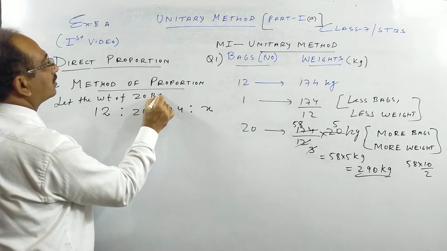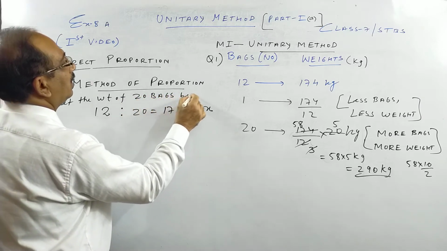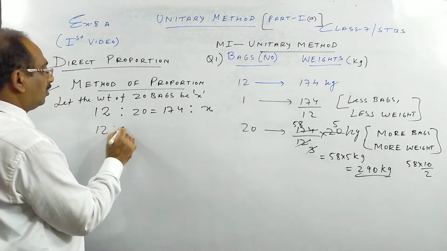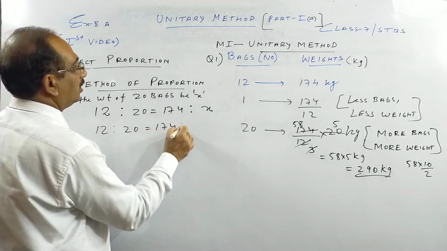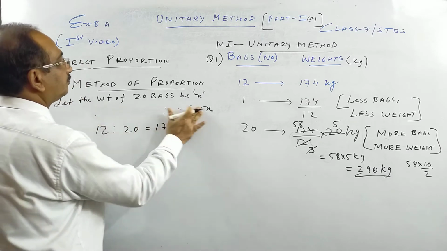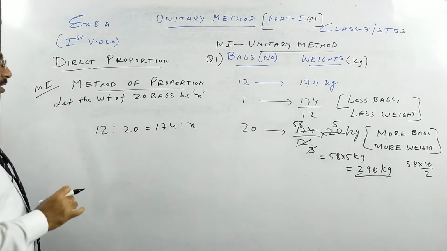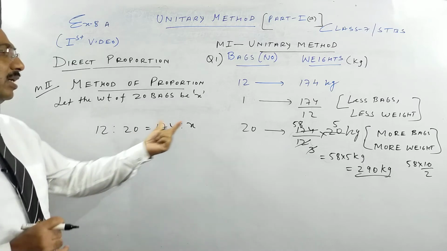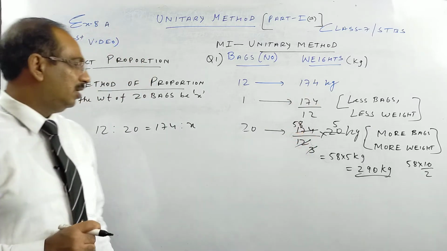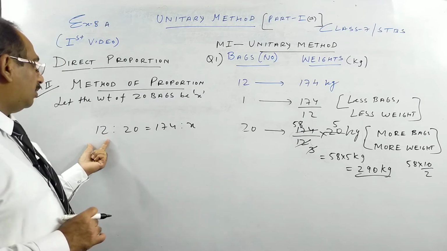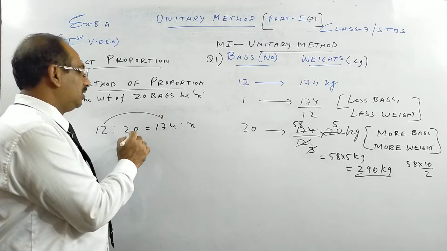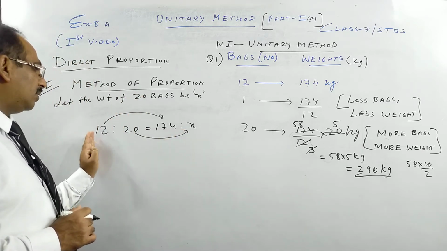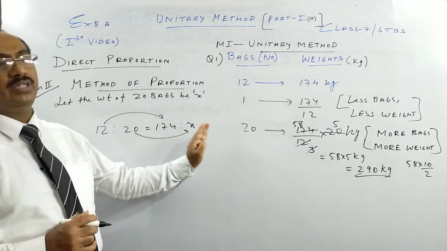Let the weight of 20 bags be x. So once more, 12 is to 20, bag is to bag, as weight is to weight. What is weight here? 12 bags weigh 174 kg, 20 bags will weigh how much? So this is the method of proportion. 12 is to 20 is 174 is to what?